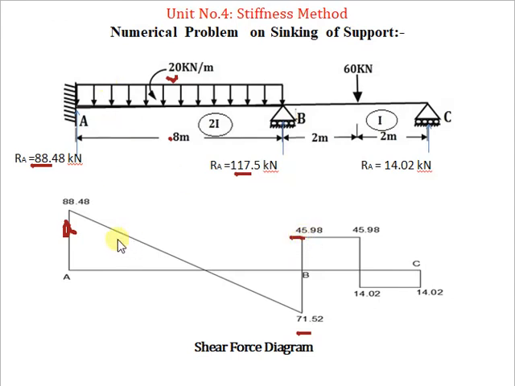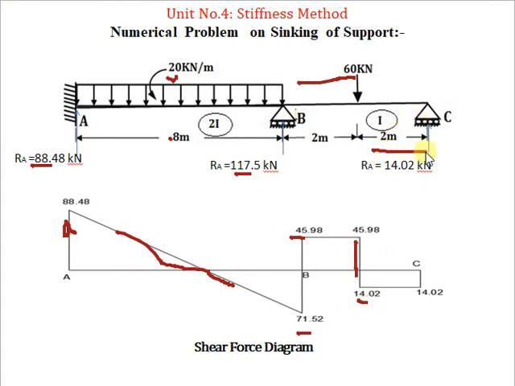For the UDL you have to mark an inclined line. Then after getting 45.98 there is no load, so a straight line up to 60. So minus 60, you will get minus 14.02.